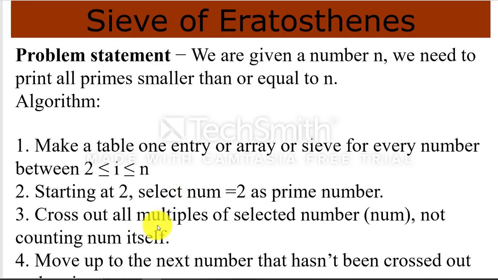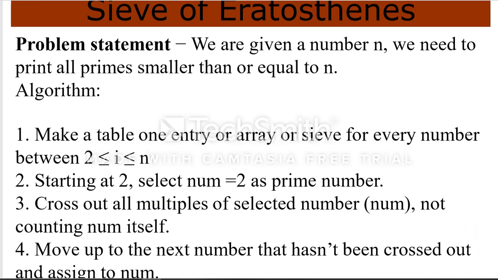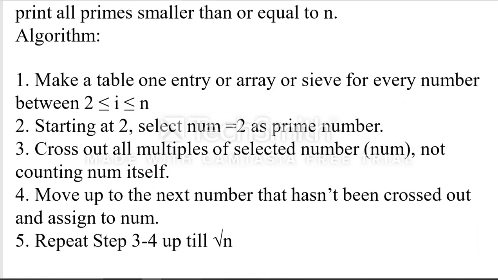Now in the next case, if all the selected numbers are crossed out, again move up to the next number. The next number will be 3, and check whether this number is crossed out or filtered out or not.